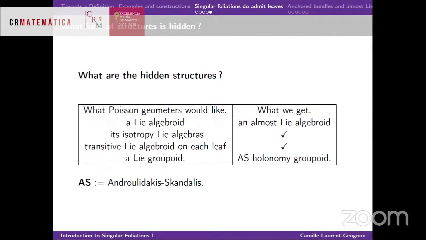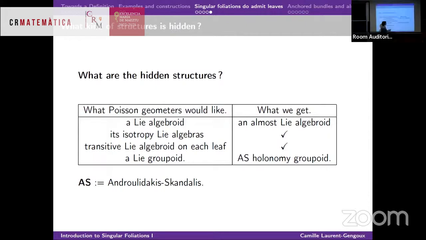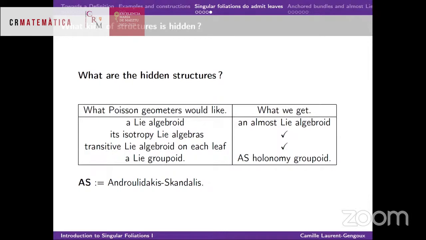This has been quite studied, for instance, by Androulidakis and Marco Zambon. And of course, we would like to have a Lie groupoid. So from now, AS just means Androulidakis-Skandalis, because I'm going to say it many times. Sometimes I just say AS.